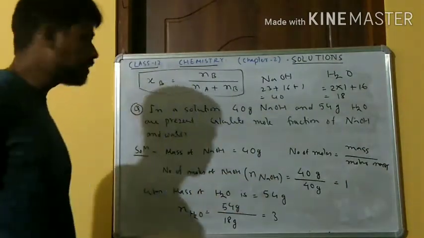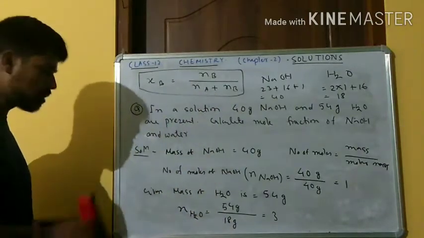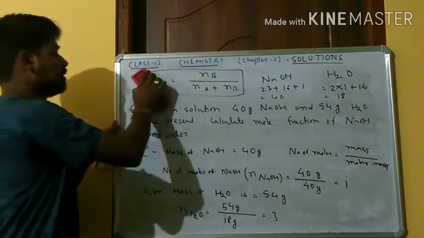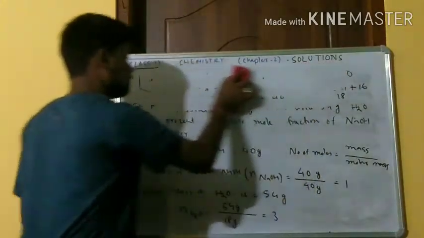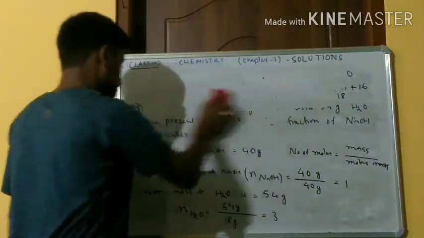Now we have found the number of moles of sodium hydroxide and of water, so you can easily calculate the mole fraction by simply using this formula.